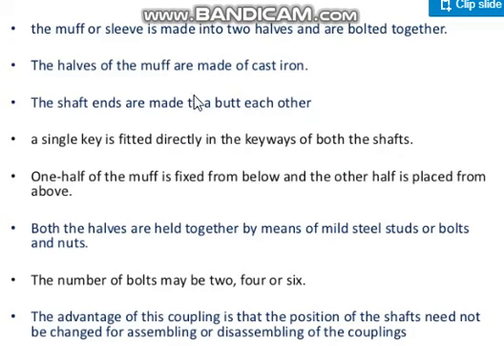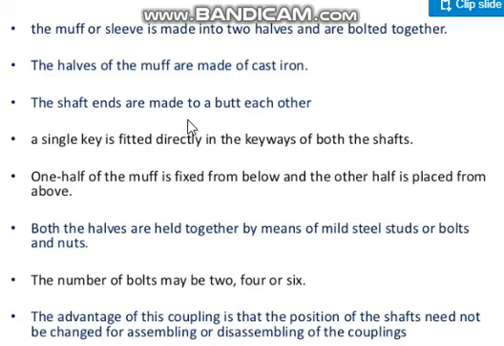The halves of the muff are made of cast iron, because casting is easier. If you want to produce the same thing by fabrication or machining, it is difficult. It takes time, the skill of the operators and more money, and the material will then be steel, which is costly.